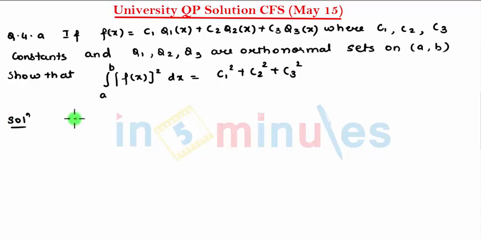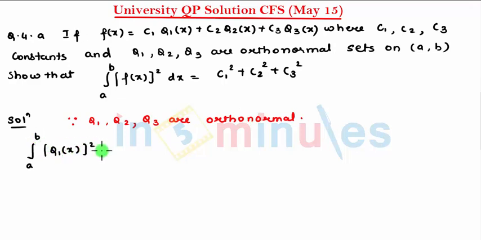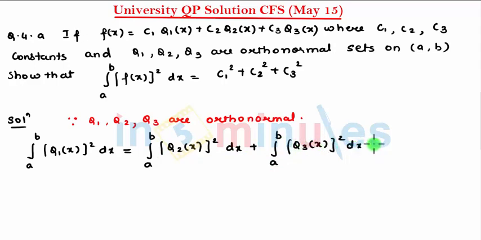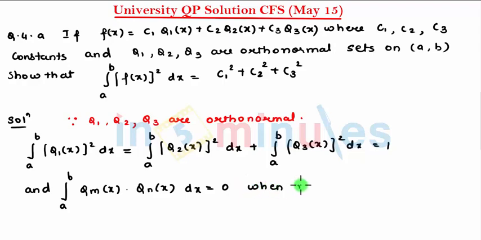Since q1, q2, q3 are orthonormal, therefore the integral from a to b of q1 of x the whole square dx, q2 of x the whole square dx, and q3 of x the whole square dx are each equal to 1, and the integral from a to b of qm of x into qn of x dx is equal to 0 when m is not equal to n.